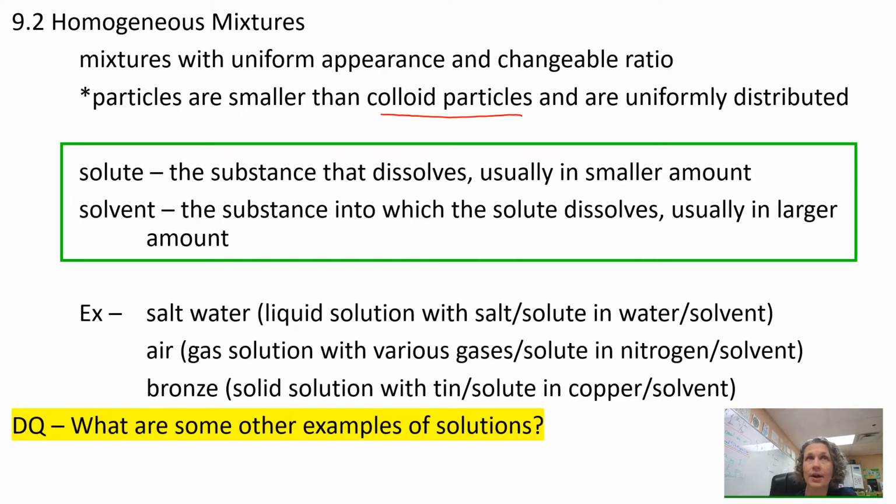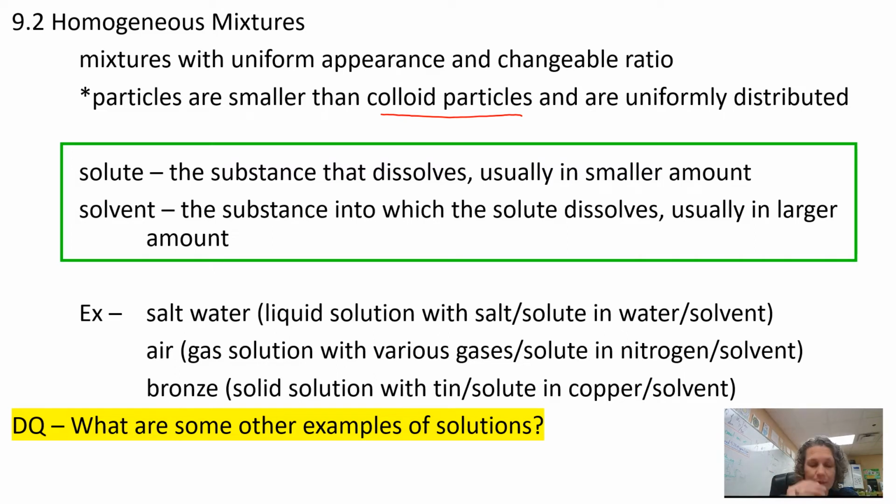Air, the stuff all around us, is a gas solution because the main component, nitrogen, is a gas, but you have various gases that act as the solute. Oxygen, of course, CO2 gas is in the air, water vapor is in the air, but the main component, the solvent in this case, is nitrogen. And then you also have things like bronze, which is an alloy.